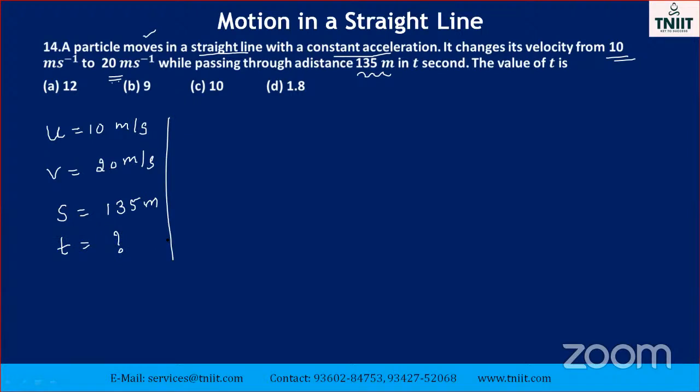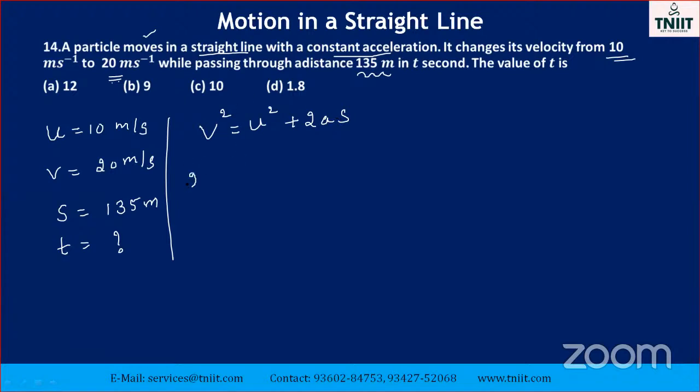Students, you have to find the acceleration to find the time. Without finding the acceleration, you can't find the time. So how to find the acceleration? Use the formula v squared is equal to u squared plus 2as.